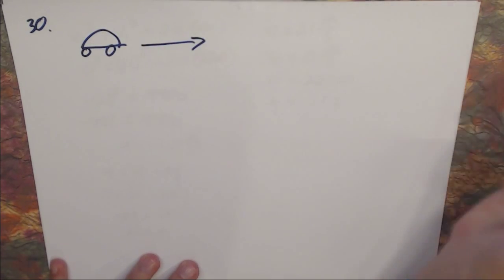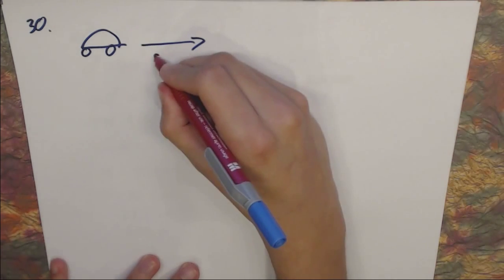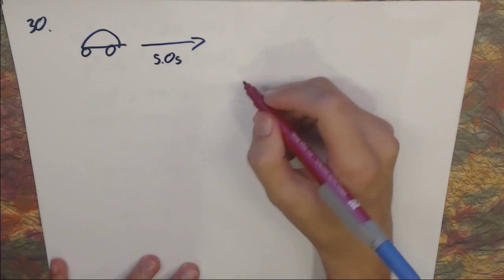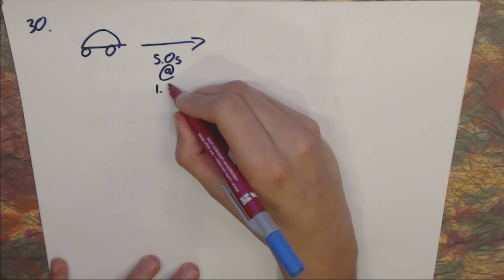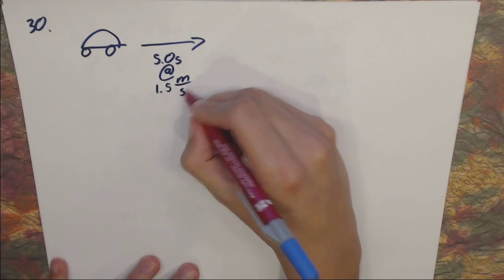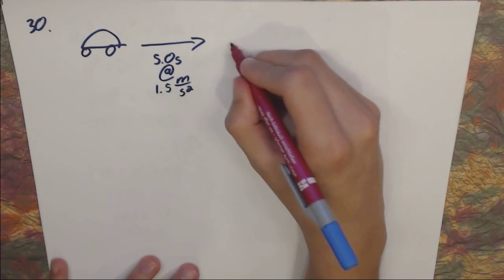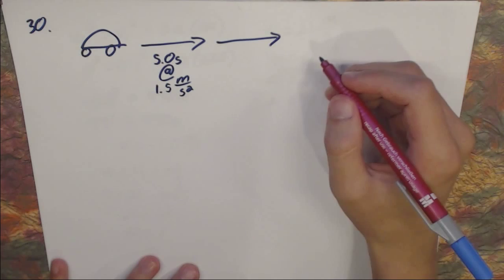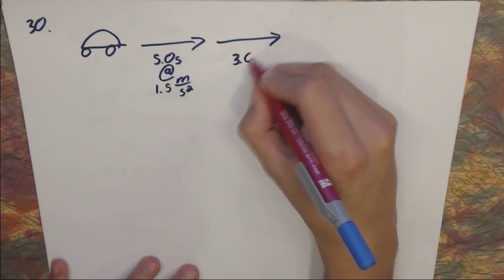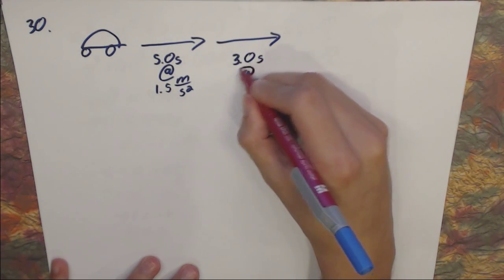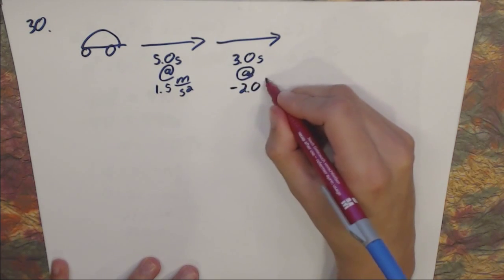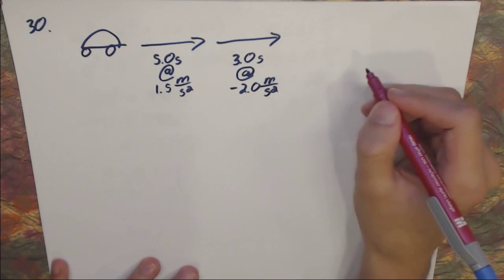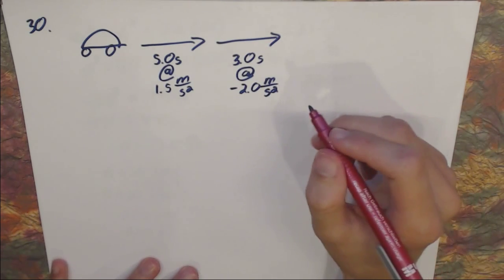So the first part, it goes for 5 seconds with an acceleration of 1.5 meters per second squared. And then it goes for 3 seconds at negative 2.0 meters per second squared. And the question is asking for its final velocity.